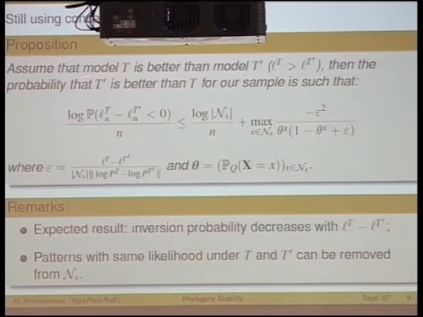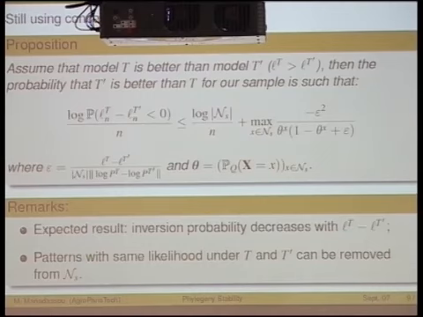And here, the exponential decreasing rate is the difference between the true likelihood scores of the two models divided by something like the quantities before.